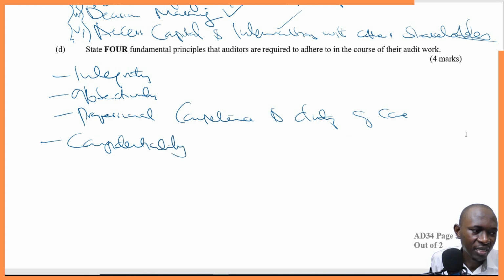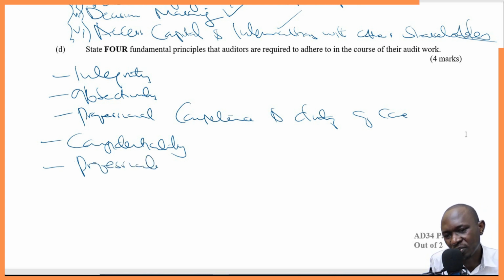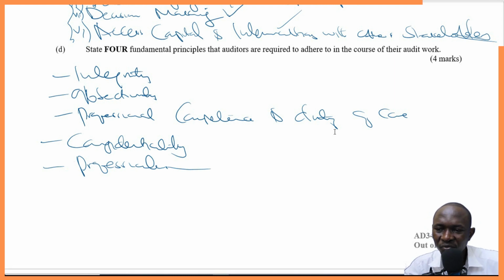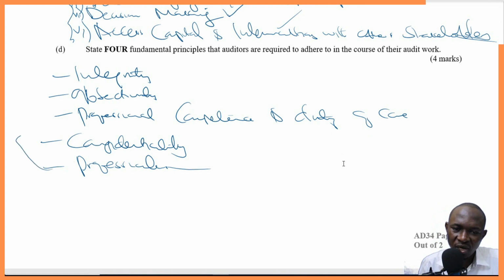There are actually these four, but just in case you can also talk of professionalism. So integrity, objectivity, professional competence, and duty of care, though this one can also fall under this.